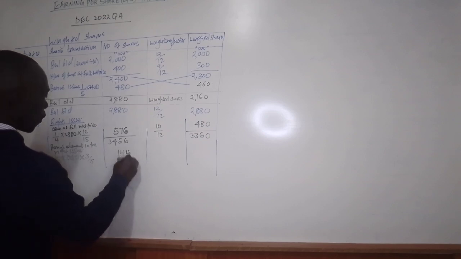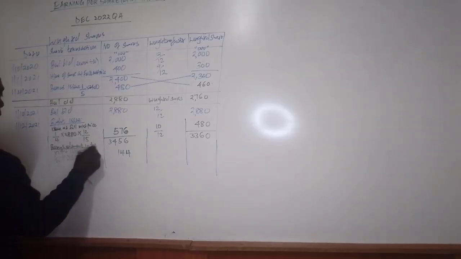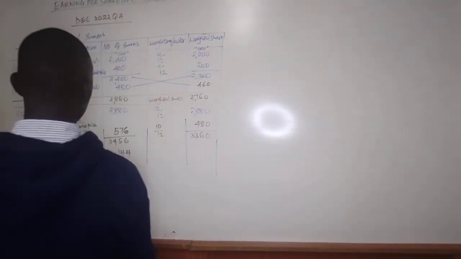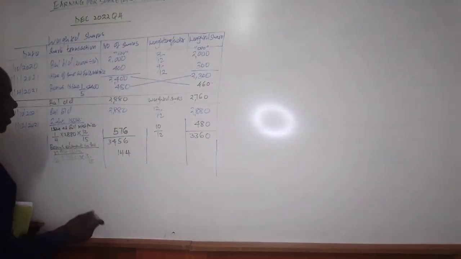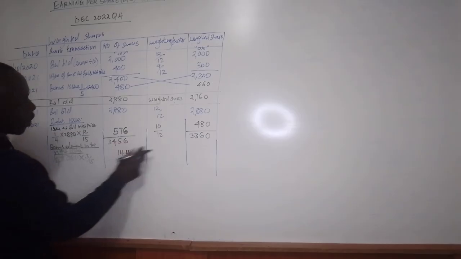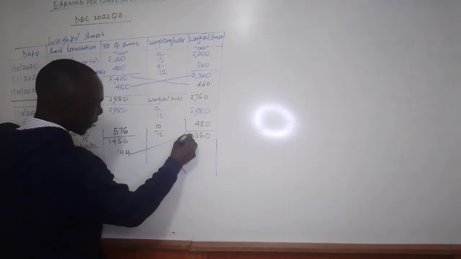So in this case, we will have 144. Remember, the bonus element in the right issue is never weighted. So if you are not going to weight, how are you going to compute? Again, it's very easy. You just say, if this one is giving us this one, what about these? So you cross multiply again.